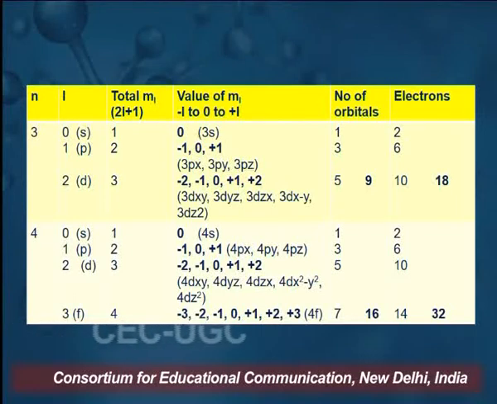That means 5 orbitals: dxy, dyz, dzx, dx²−y² and dz². When the value of l is equal to 3, then the values of ml will be from minus 3 to 0 to further up to plus 3. So we get 7 orbitals. So when n is equal to 4, that means when the principal quantum number is 4, we get a total of 16 orbitals and each orbital can have 2 electrons. So a total of 32 electrons can be accommodated.